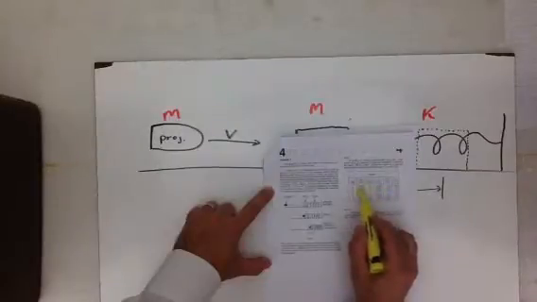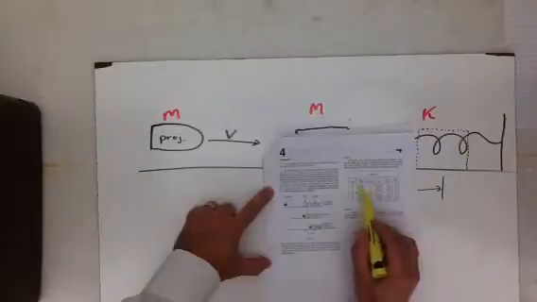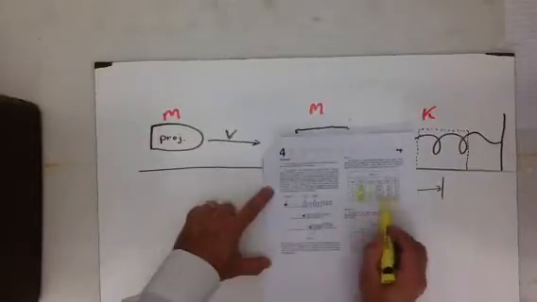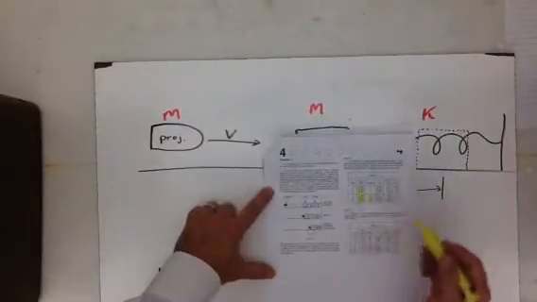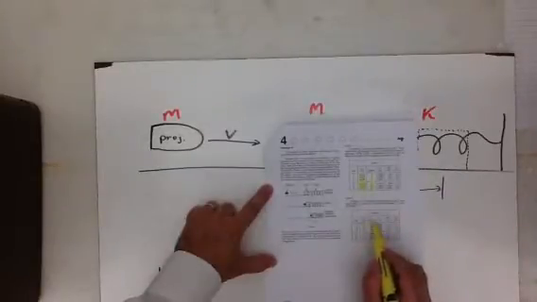We have a projectile 0.03 kilograms and a velocity of 5. We have a projectile 0.01, but now the velocity is 10. A projectile 0.01 kilograms and a velocity of 15. And a 0.01 kilograms and a velocity of 20. So that's 6 so far. Then we come down here, we have a 1 kilogram block, and we have a spring constant with the spring attached to that block of 3.